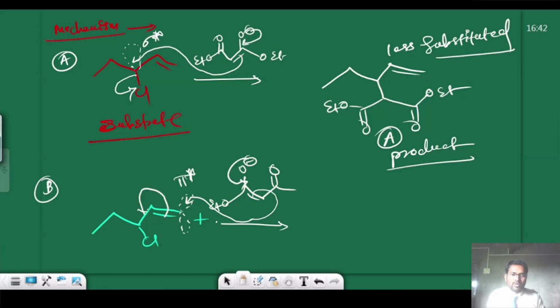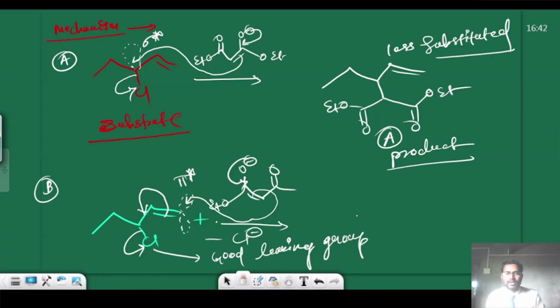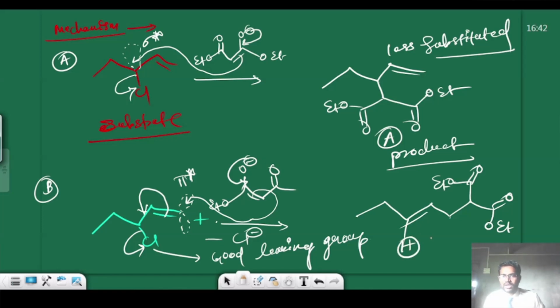These are having pi star orbitals, these are pi orbitals. When it attacks the pi star orbital, the pi bond will move, and this will leave from the reaction, because this is a good leaving group. So what is the product? This will be the product, with a double bond, C double bond O, OEt, C double bond O, OEt. This is the final product of this particular reaction. So this is the more substituted product, and this is the major product. So here a mixture of products takes place. Okay, we will stop here.